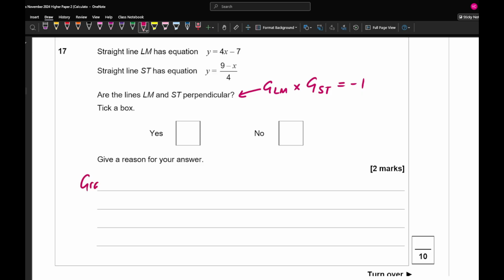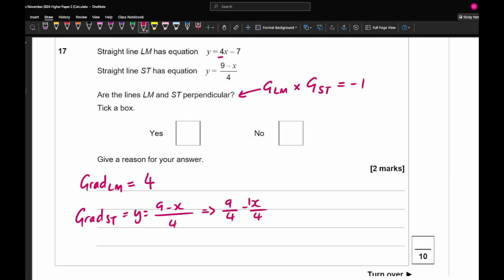So if I look at the gradient of LM, then the gradient is the coefficient of x, which is the number in front of x, which is 4. Then doing a bit of rearranging with the gradient of ST, I get y equals 9 minus x over 4, and rewriting that is 9 over 4 minus x over 4.